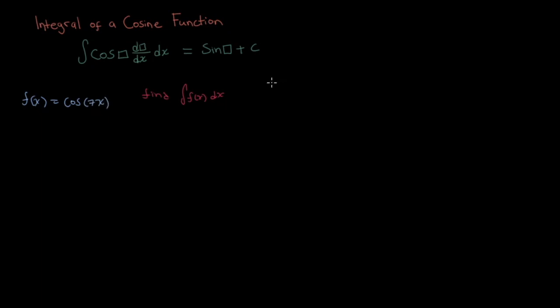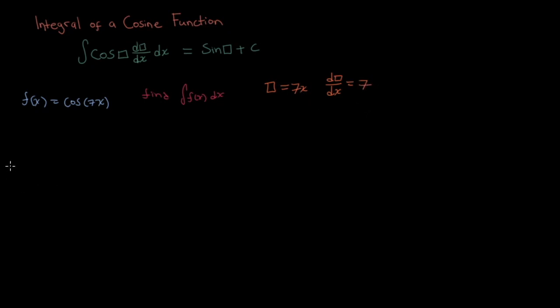So let's write down our placeholder: 7x, and then the derivative of that, d box by dx, is equal to the derivative of this with respect to x, which is just 7. So that's the first step.